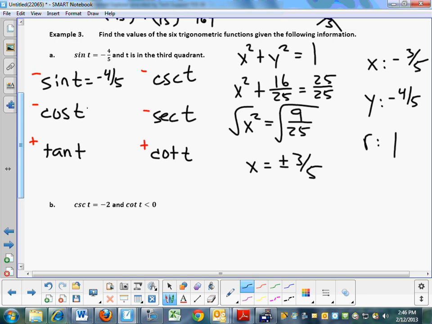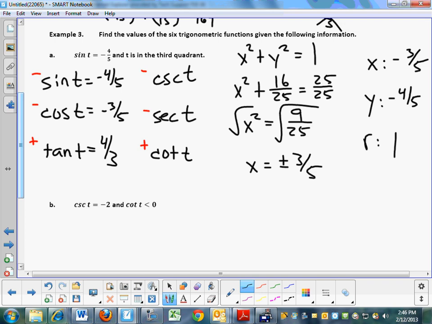I go back over here and I list them. Cosine, negative 3/5. Tangent, 4/3. You're correct. If you divide those out, multiply by the reciprocal, you get 4/3. Now don't do any work for cosecant, secant, cotangent.